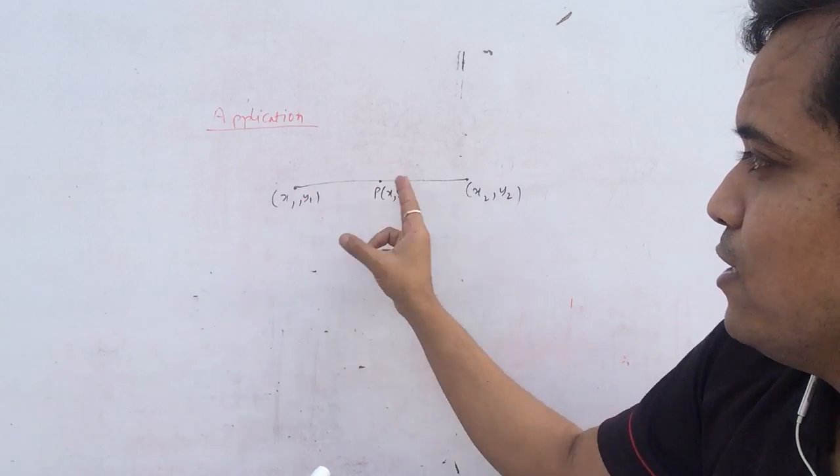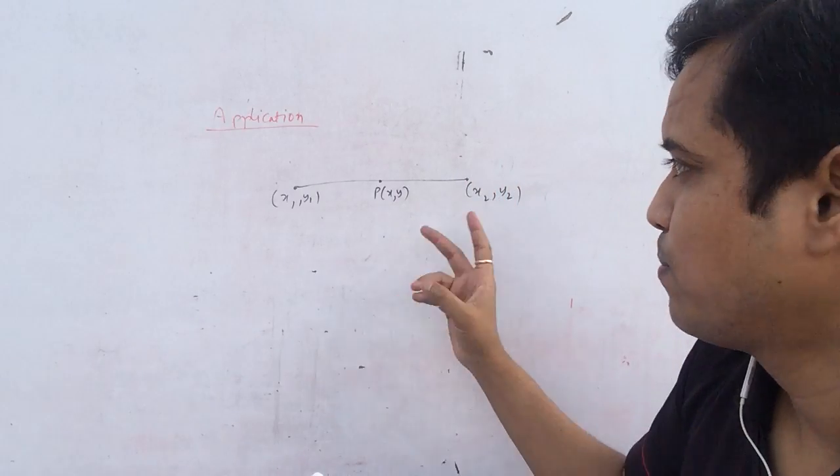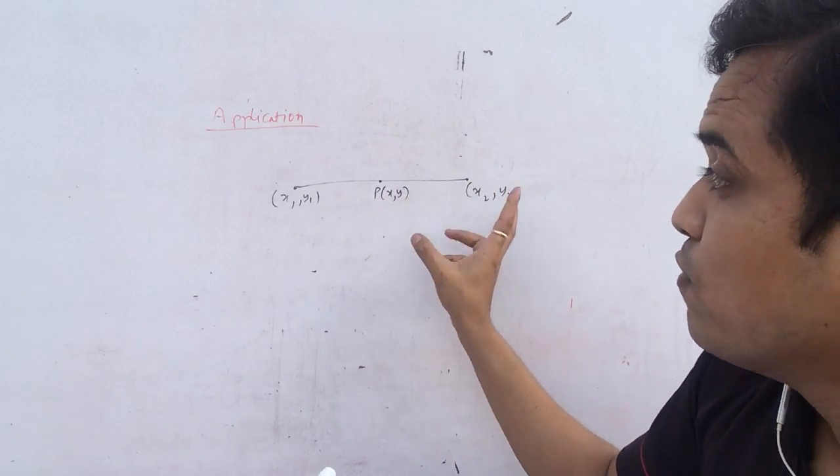When you join these, you will make a line. Suppose P(x, y) is a point on the line joining them.